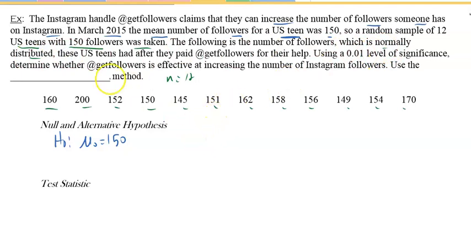I could use T or Z. These US teens had, after they paid @getfollowers for their help, use a significance of 1% to determine whether @getfollowers is effective at increasing the number of Instagram followers. So they're saying, would that increase to more than 150?